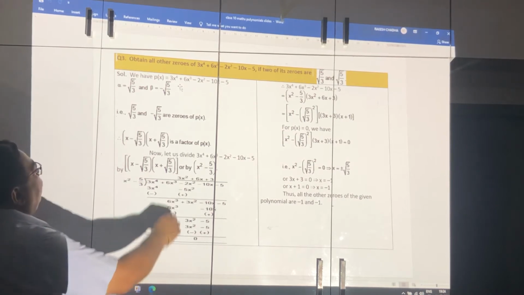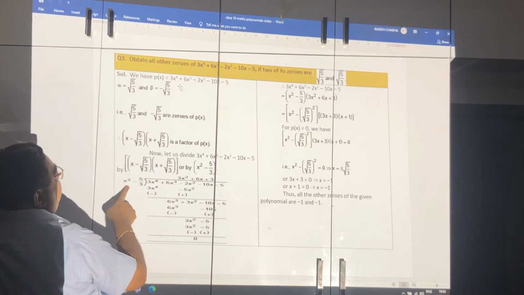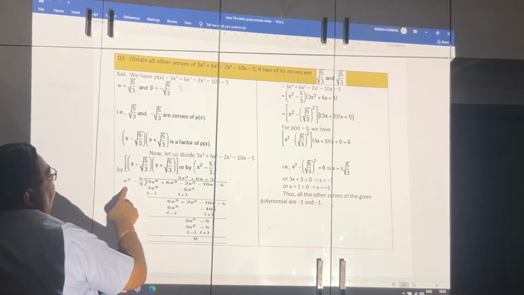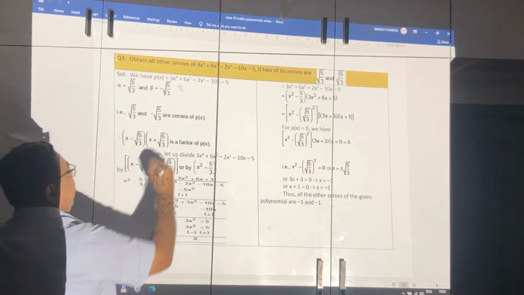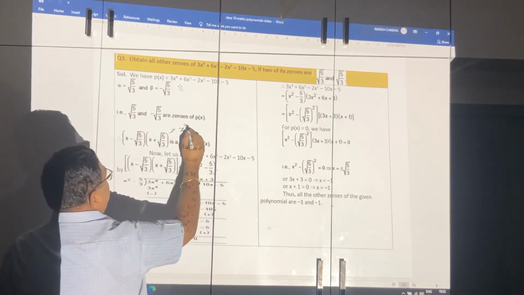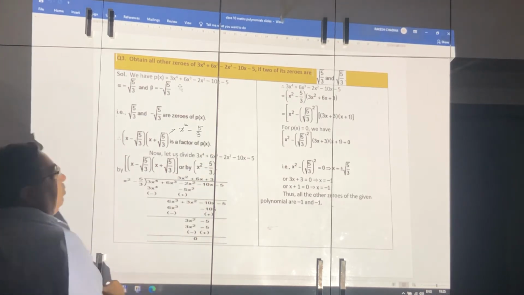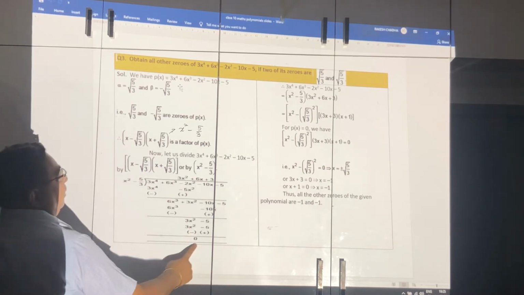Now we will divide the px by this gx. X into x, x square, a square minus b square, and the root will go. Don't forget. We will divide, and the remainder is 0.